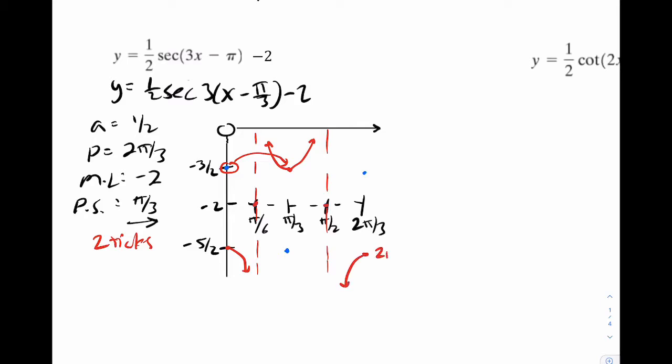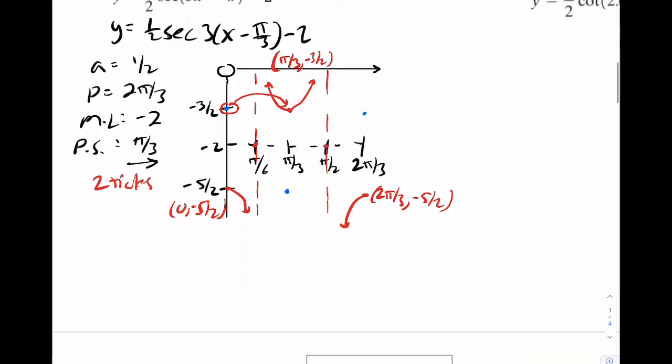Just to be clear, I'll make this 2 pi over 3, -5 over 2, 0, -5 over 2, and pi over 3, -3 over 2. And there's our graph. Let's quickly do domain and range.